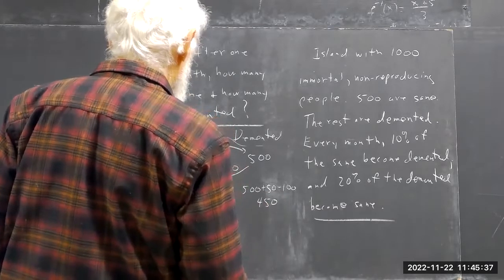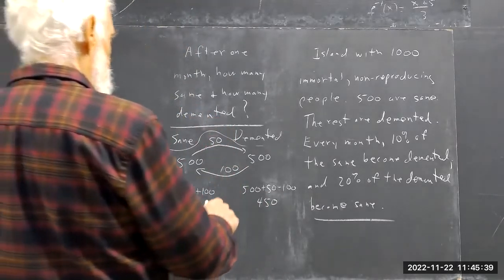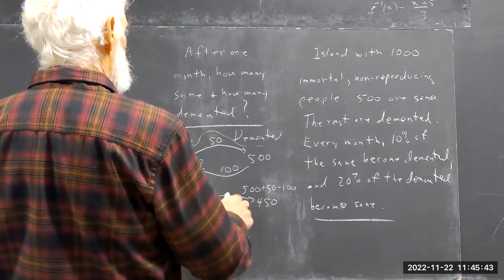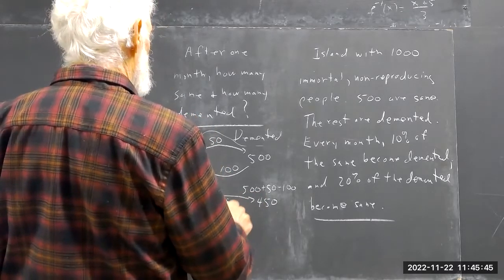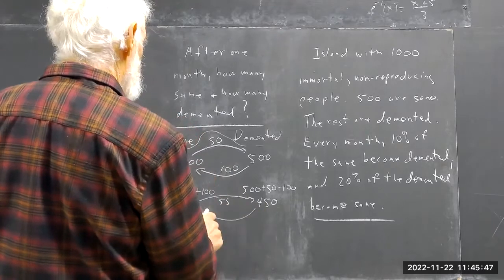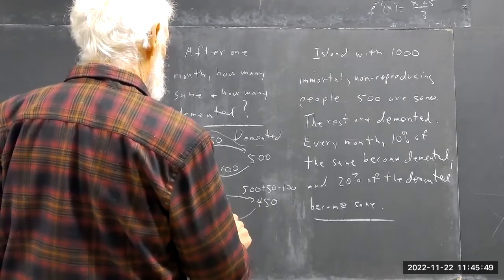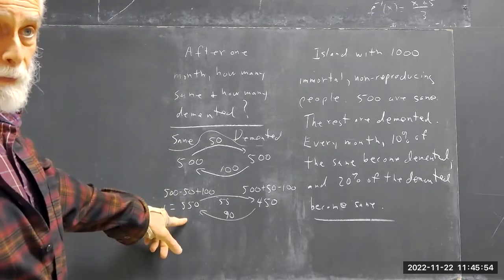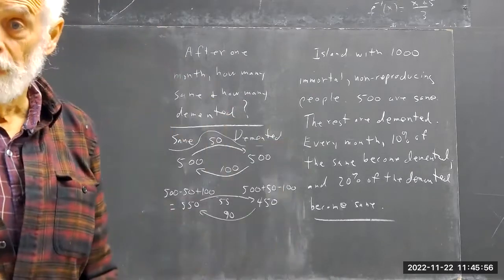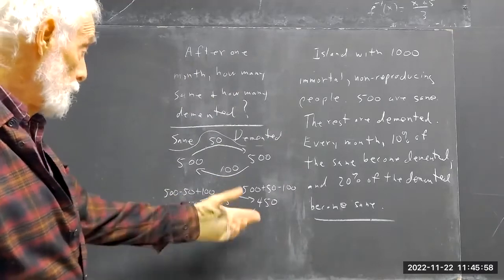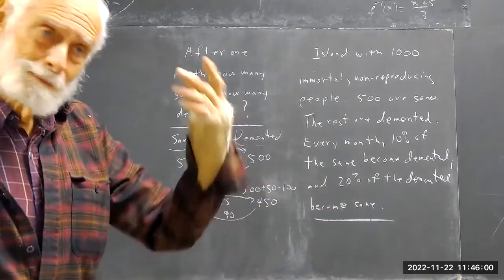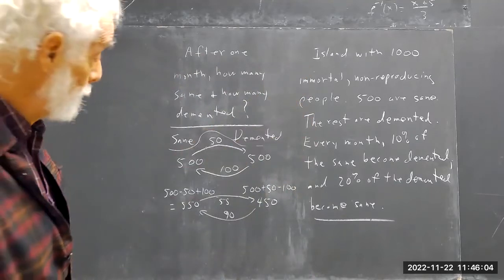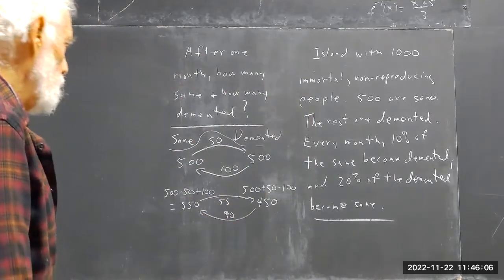This is 450. Now the same thing happens again. 10% of these go over, which is 55, and 20% of these come over here. It's easy to calculate. 10% of 550, everybody can see, is 55, and 20% of 450 is 90. You can calculate that in your head, but if not, use the calculator if you need to. Try to use your head.